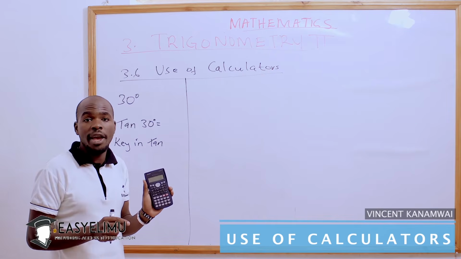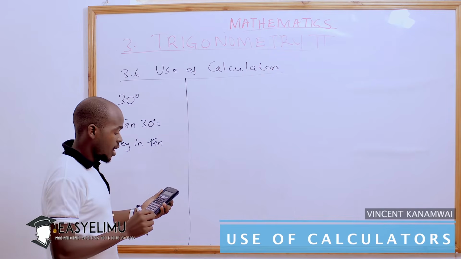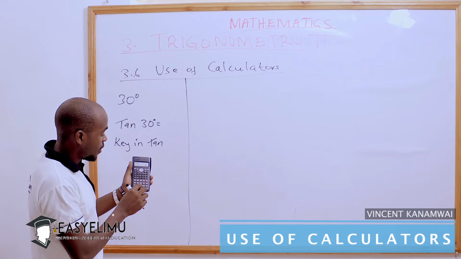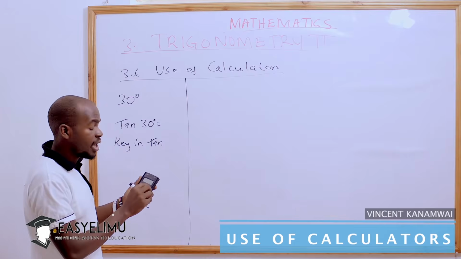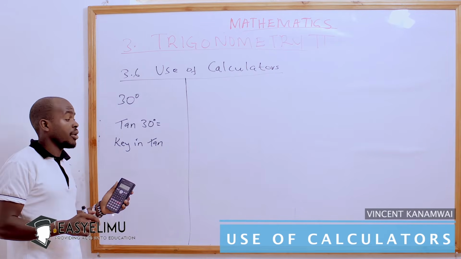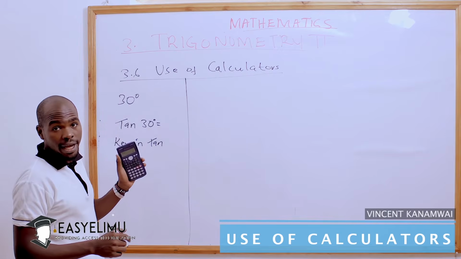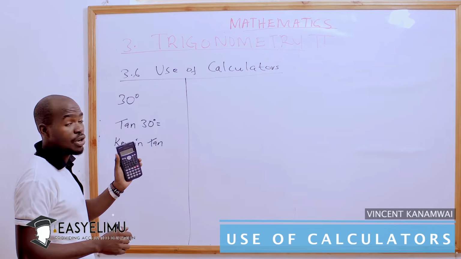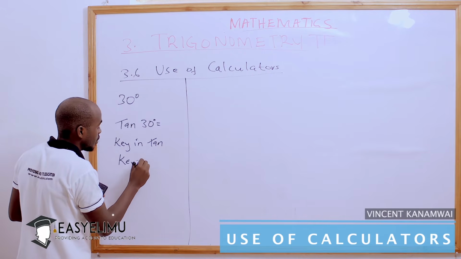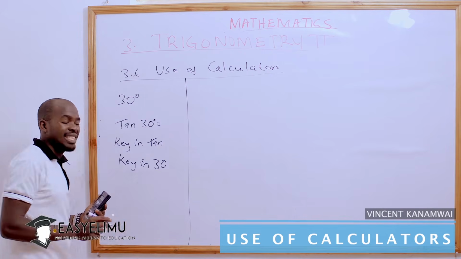For mine, I'm using the Casio FX-82MS. I will key in the tan key, and it will display on the screen. After that, I will key in 30, just 30.